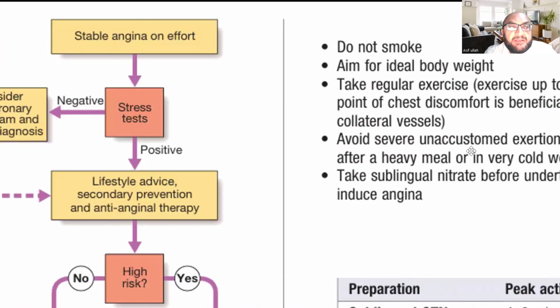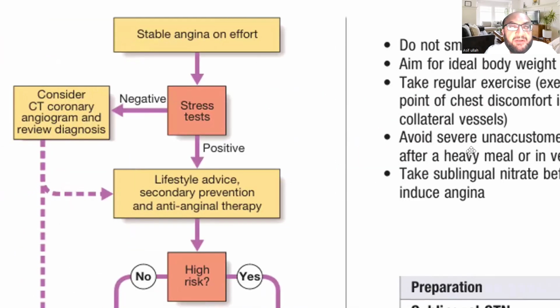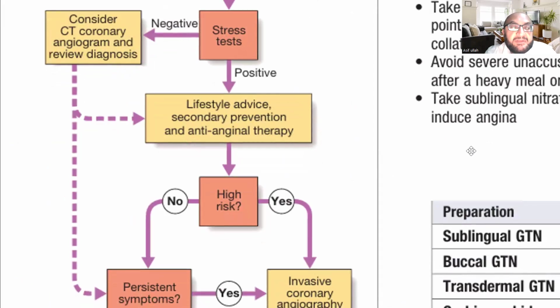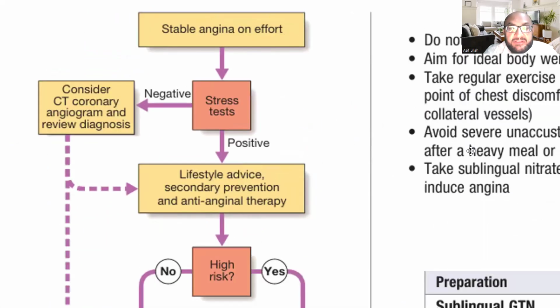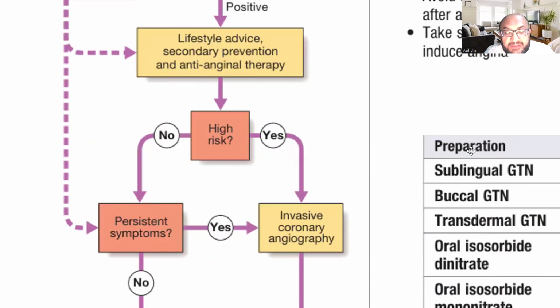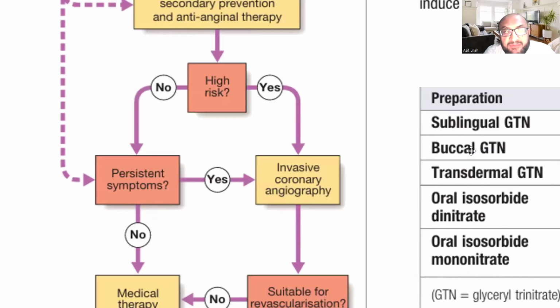So, whenever there is stable angina and you have found it, give the stress test. If it is negative and you are doubtful, do a CT angiogram and review the diagnosis. If the stress test is positive: lifestyle advice, secondary prevention with anti-anginals, and if he is a high risk person, as we discussed previously, invasive angiography may be the best option.